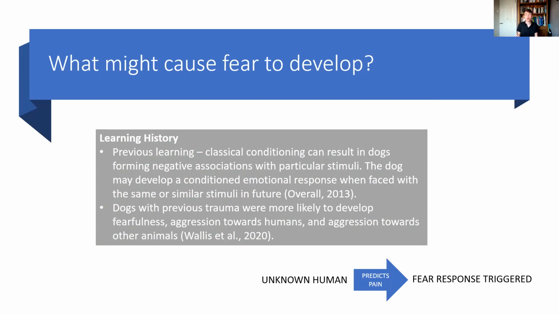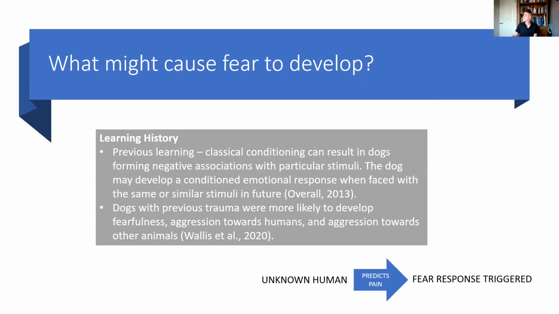For example, if you've got a puppy that has seen an unknown human, or maybe a human that wears dark glasses, or a human that wears a hat, and maybe that human's come a bit close, or maybe that human's even accidentally, or hopefully not on purpose, caused some sort of pain to the puppy. Or one common one is if the puppy goes to the vets and sees a human wearing scrubs, and that person injects the puppy, or maybe there's a temperature check, and that's caused the puppy to experience some pain. And that will lead to a fear response being triggered.